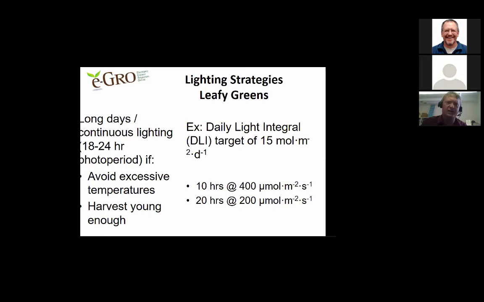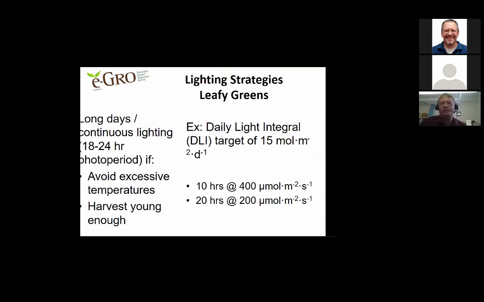And what continuous lighting or long day length allows you to do, if you're trying to achieve a given daily light integral target, is you can achieve that using a lower amount of light fixtures in your greenhouse or in your sole source lighting application. So an example of that, let's say we wanted to reach 15 mole per meter squared per day DLI target.